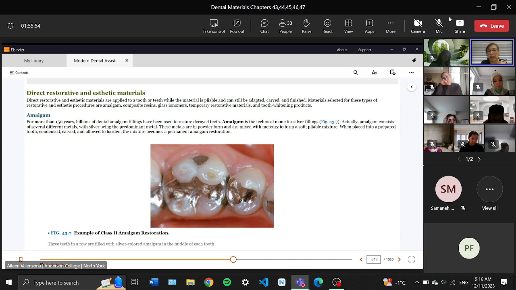So that is class 1. What about tooth 15? Class 1, class 2? Class 2, because that is occlusodistal. And 16 is mesio-occlusodistal. Do not forget the naming.